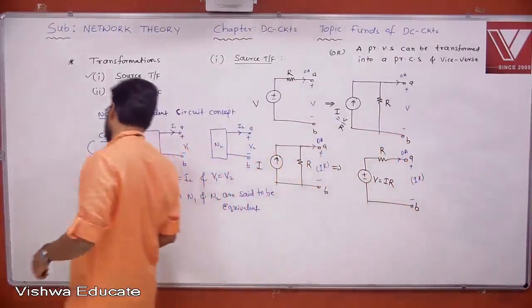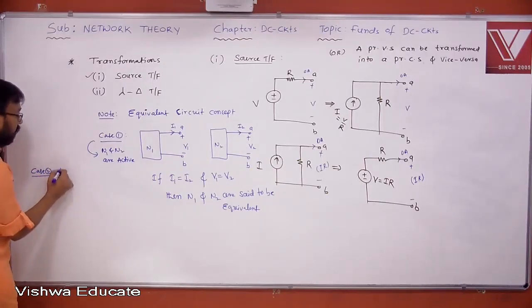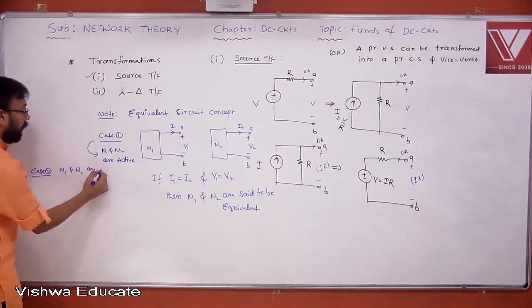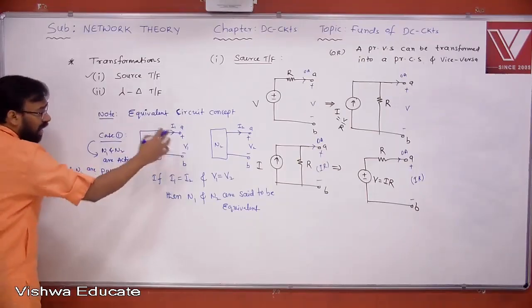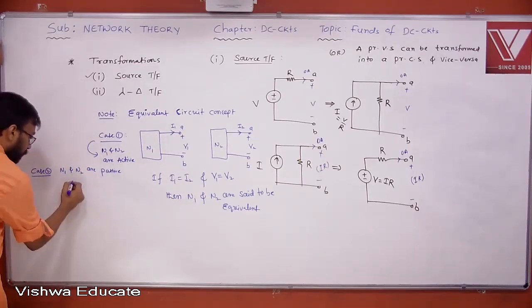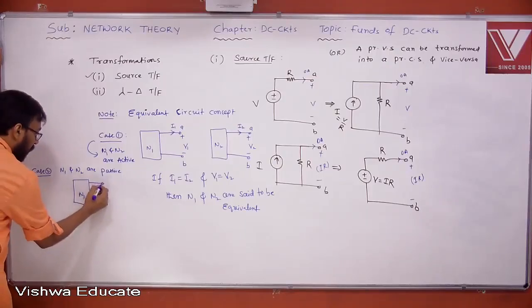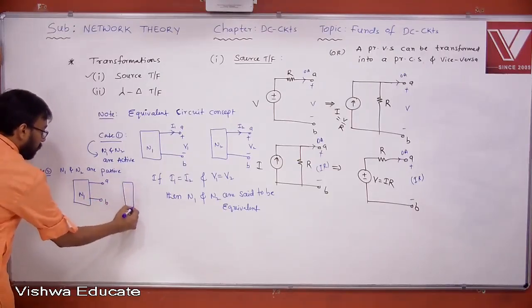Case 2. What is the case 2? Case 2 is N1 and N2 are passive. Okay, look at this.